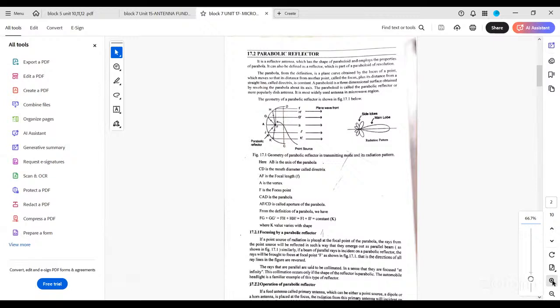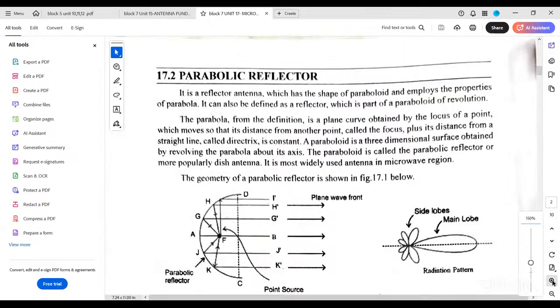There are two diagrams: one diagram is for the transmitter, another for the receiver. This is the transmitter diagram, and this is the receiver diagram. Diagrams are the concept.